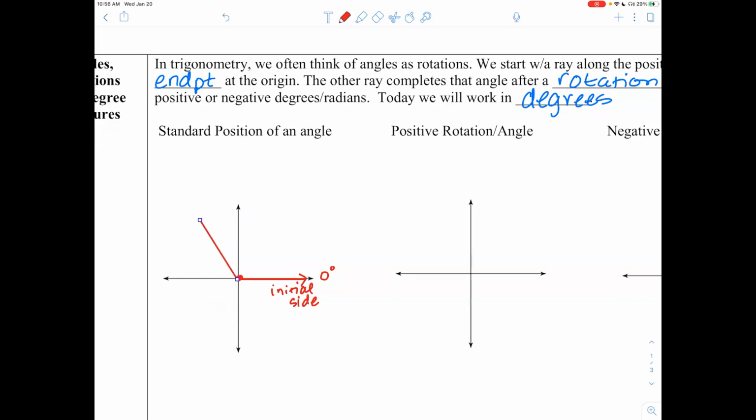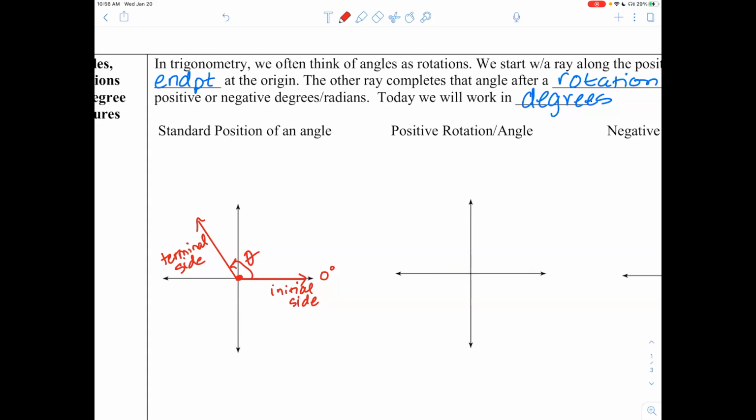And so I'm just going to go ahead and put the terminal side, part of a term we're using today. This is the terminal side, and it's the rotating side. And so depending on how many rotations you do, that's going to be the measure of your angle theta.